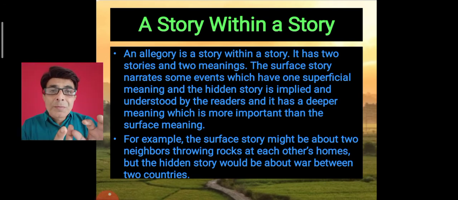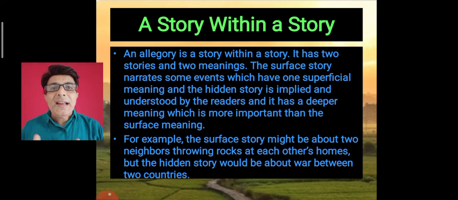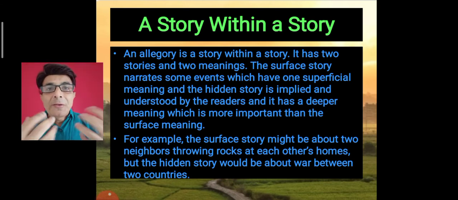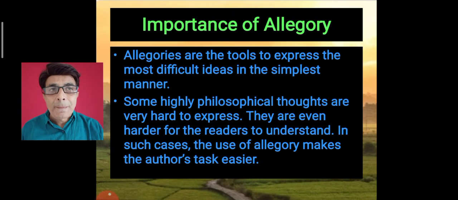So in allegory, the writer does not directly present what he actually wants to present. He indirectly takes help of some characters and situations through which we as readers understand what the writer actually wants to suggest.